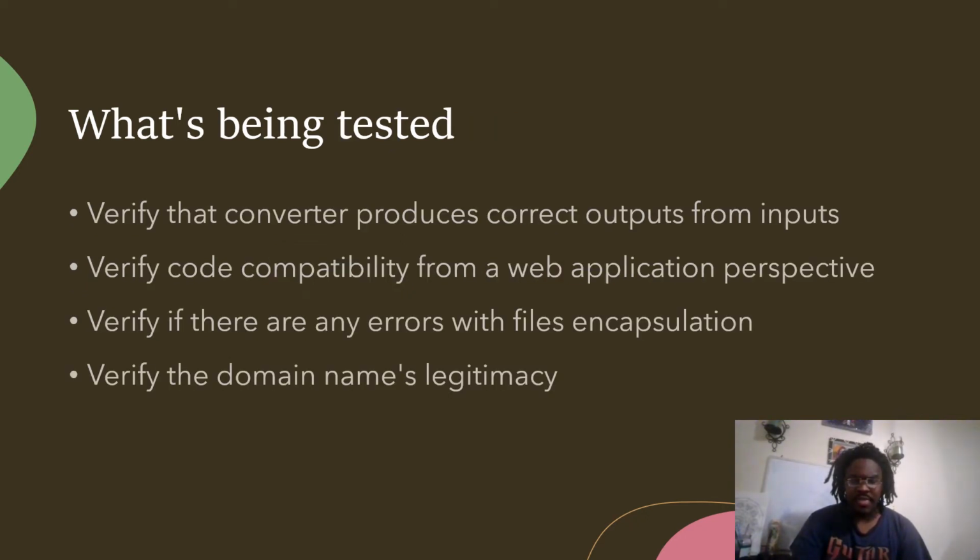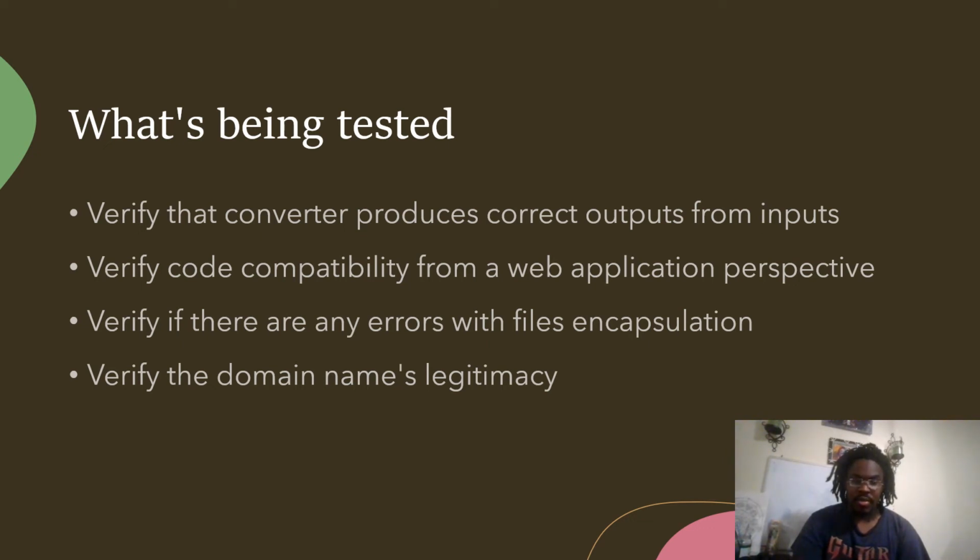Now, when we're talking about what's being tested, the main things being tested right now are functionality of the website, and also functionality of the actual program. To do that, we want to first verify that the converter produces correct outputs from inputs, making sure that the converter itself is still great, using various methods and different examples.